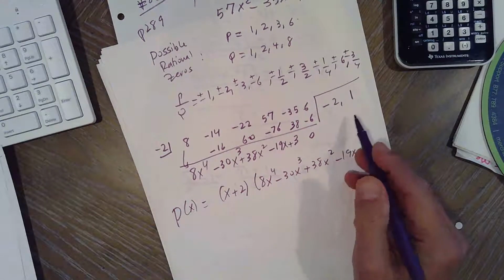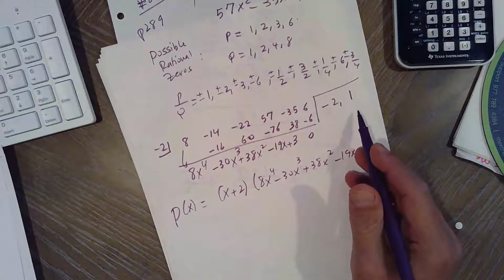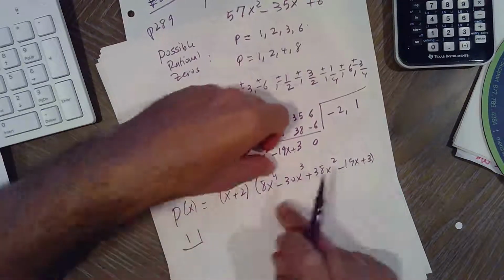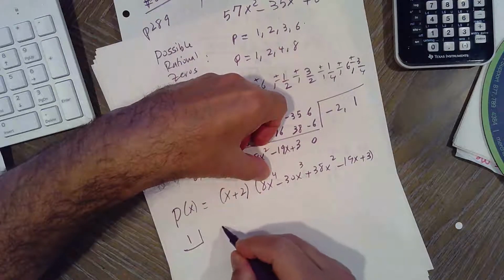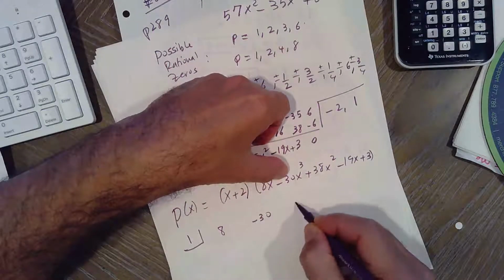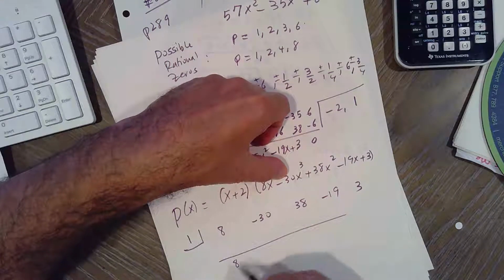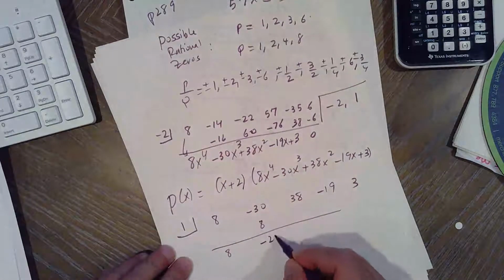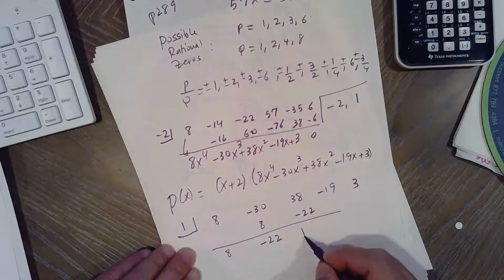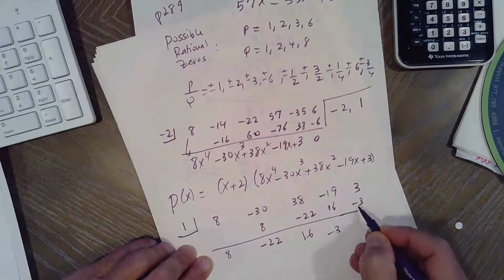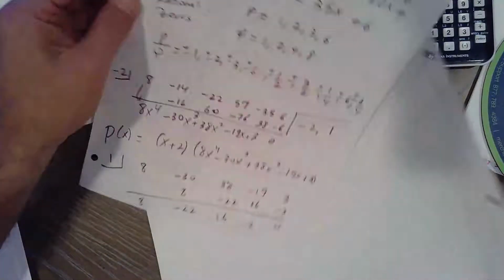Remember we said 1 looked like it has multiplicity of 2, so let's try it anyway. So divide by 1. Again, this is what we're reducing now: 8, negative 30, 38, negative 19, 3. Drop the 8. 1 times 8 is 8, negative 22. We get 16, 16, negative 3, and a remainder of 0 as expected.